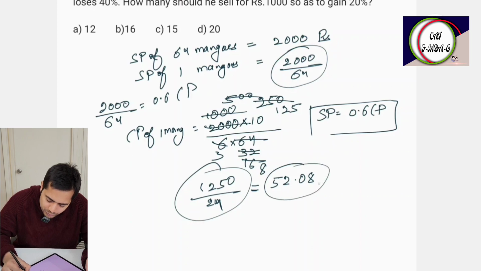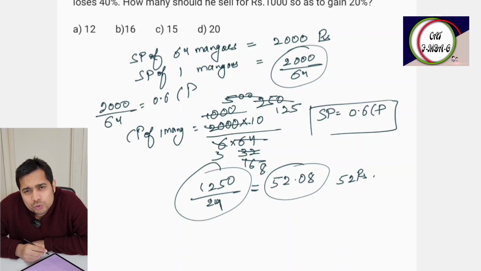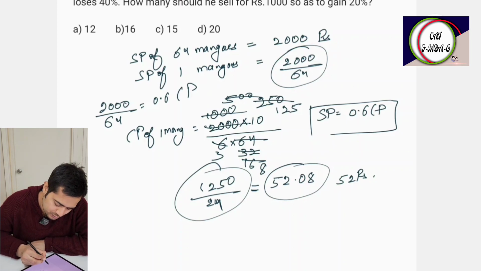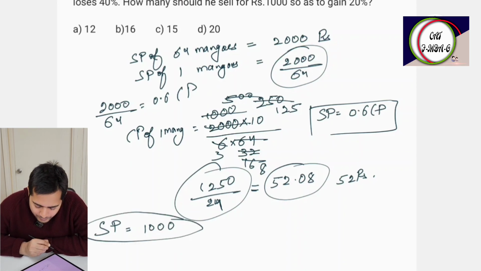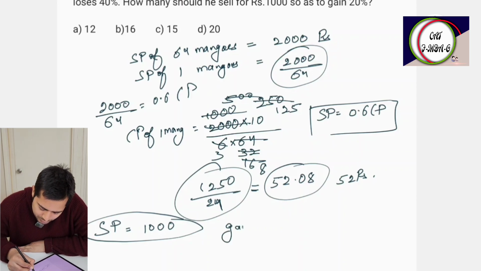So roughly it is equal to 52 rupees. Okay. Now he has to sell for rupees 1000. If the selling price is 1000 rupees total, okay, and he has to gain 20%.